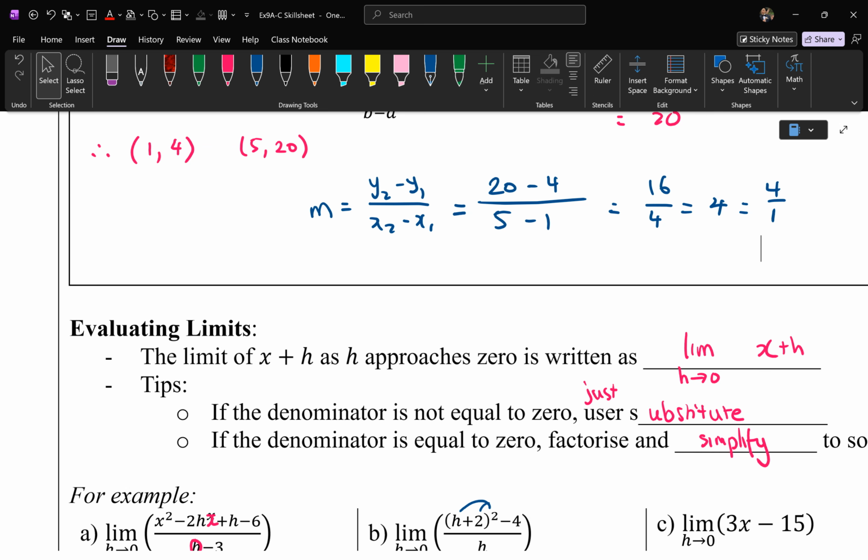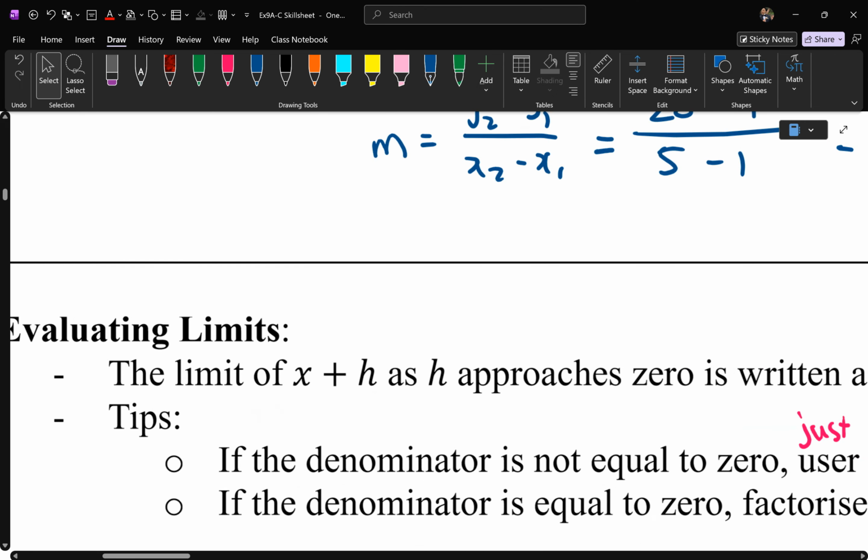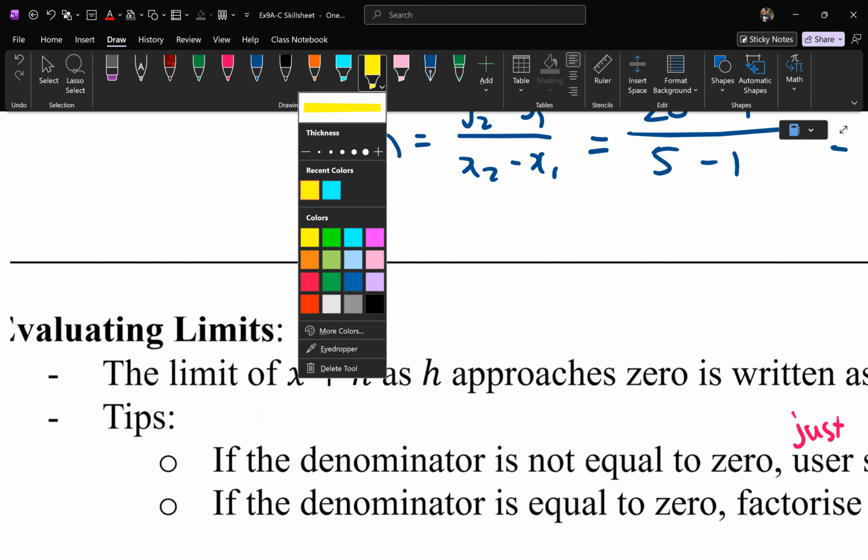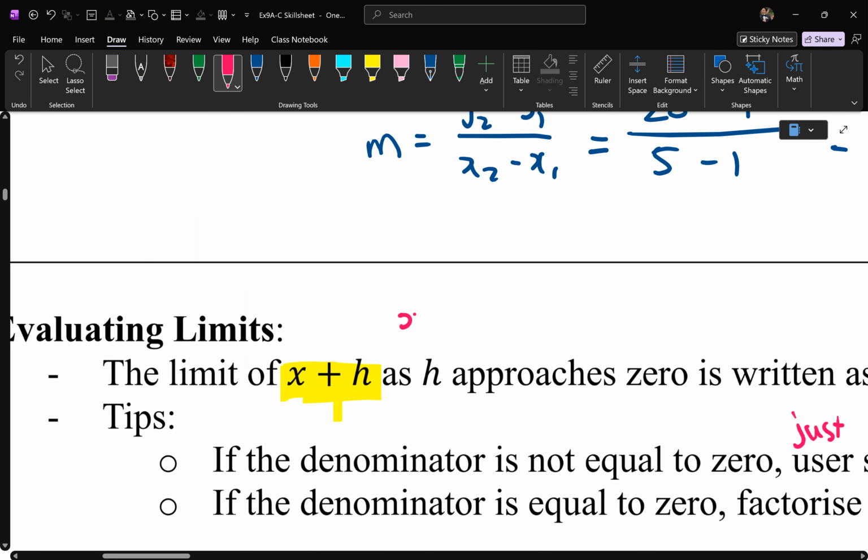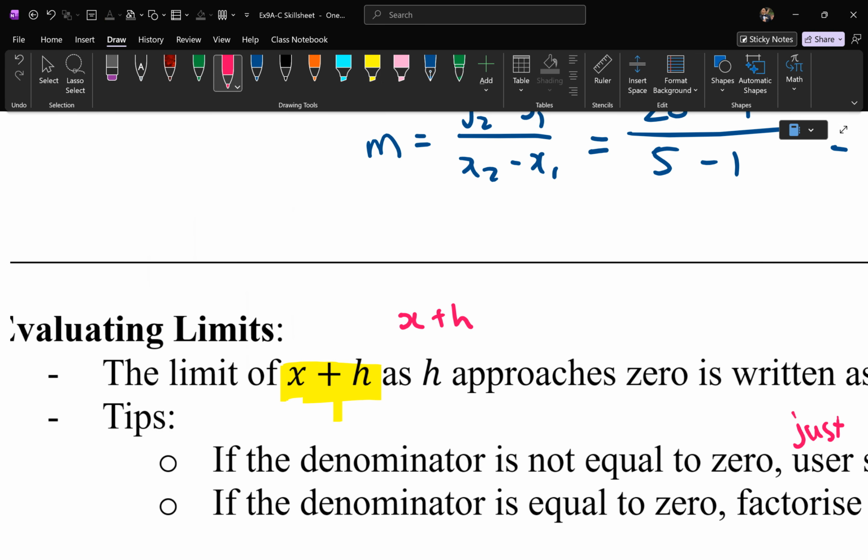So here, limit of x plus h as h approaches 0, if I wrote it like this. I'm just going to highlight the key thing there. It says here, if x plus h is an expression, and even though h is a number, so x plus this number, I don't know what that extra number is, but if I told you that this number approaches 0, doesn't mean that it's 0, I'm just saying it approaches 0, so it gets really, really infinitely small, as close to 0, what would these two expressions add close to?